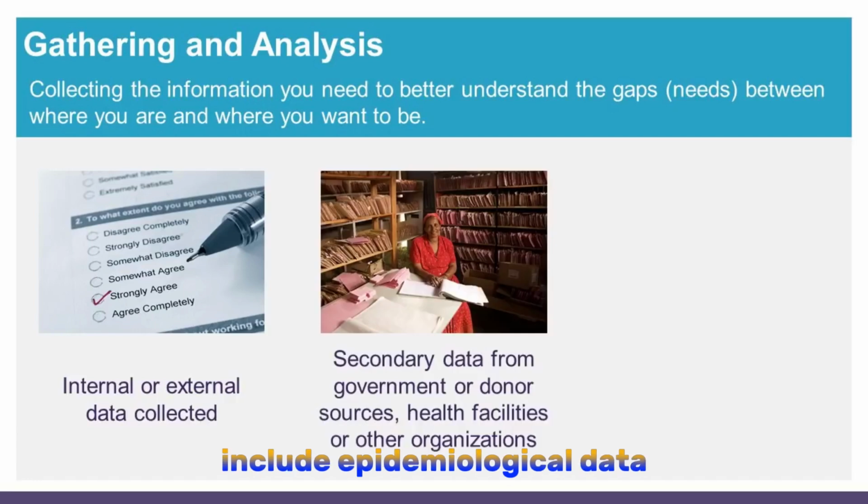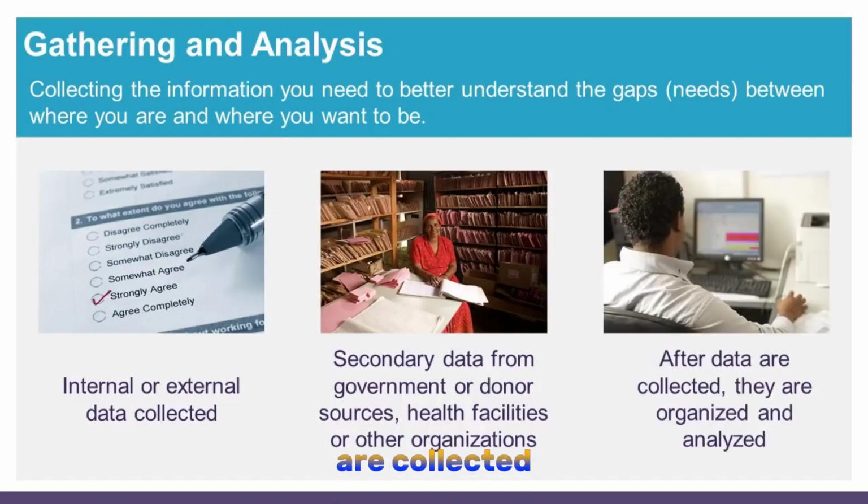Secondary data might include epidemiological data from government or donor sources, health facility data, and/or data from other organizations implementing similar projects, or a public policy review. I will talk more about data sources in a moment. After the data are collected, they are organized and analyzed. The module on gathering and using data covers this data cycle.